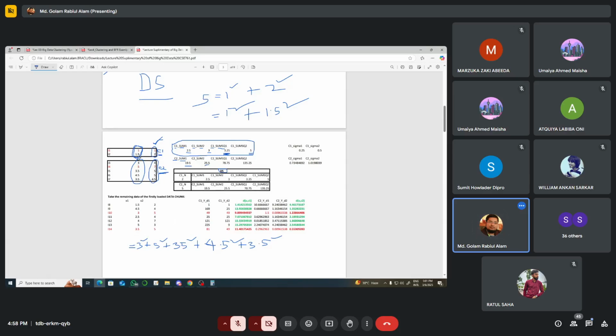For the first dimension of C2, you will get 78.75, and for the second dimension you will get 135.25.